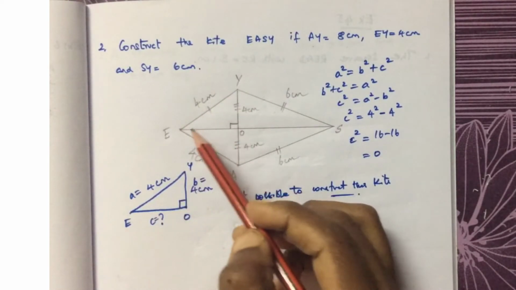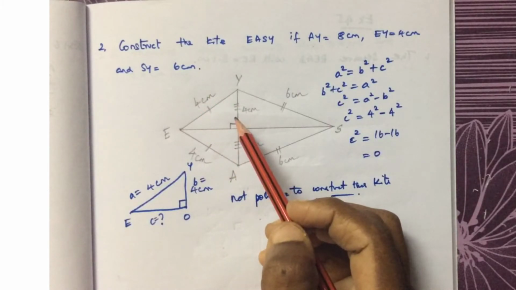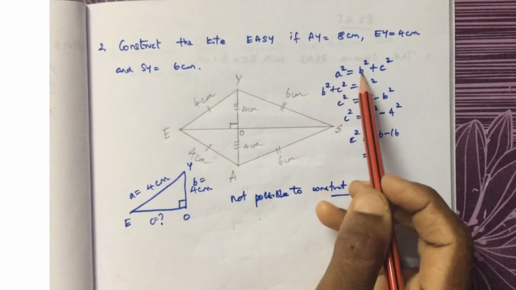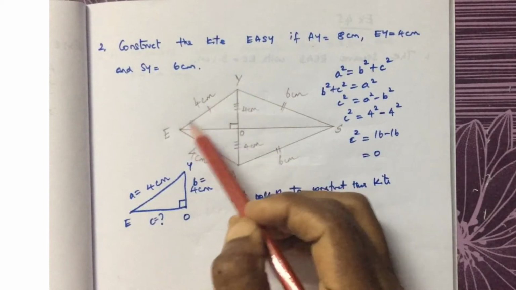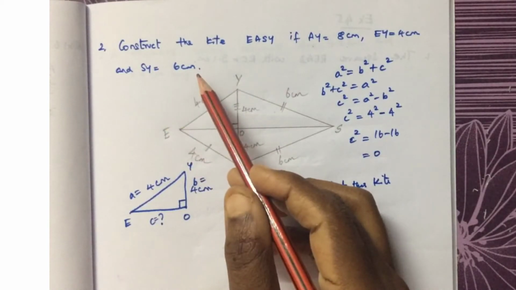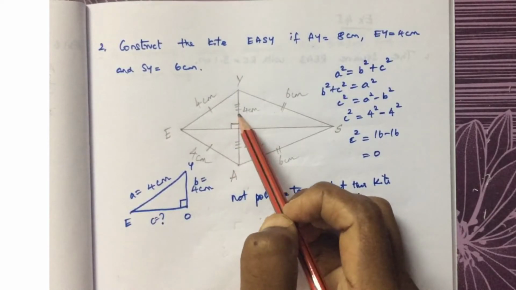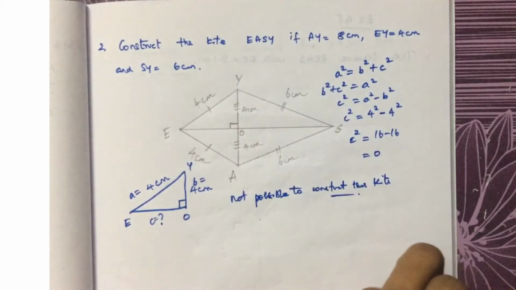The length of the hypotenuse should be greater than the length of the sides, because the hypotenuse is the square root of B square plus C square. So if you see here, this is 4 centimeter and this is also 4 centimeter, which is equal to one of its sides. So it is not possible to construct this kite.